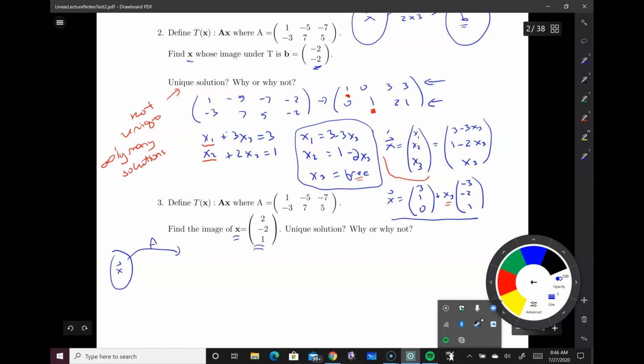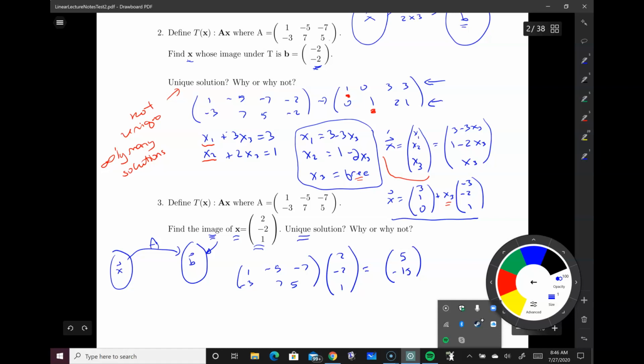The transformation is multiplying by A. This one is asking me to find the image of x, and that's going to be the b. So how do I do that? Well, the transformation is take the matrix A and multiply it times x, and I get 5, -15.